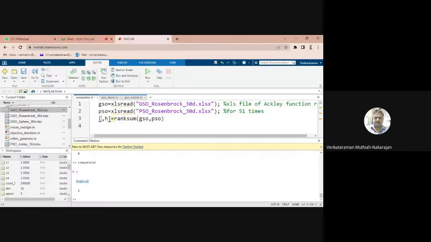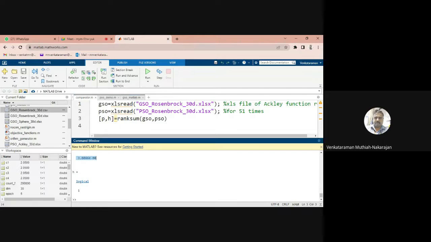Actually, this is the p value. If the p value is too low, then the populations are not identical. They have to be treated as separate. You can also display the p value. If the p value is too low, then you have to treat the functions as different.